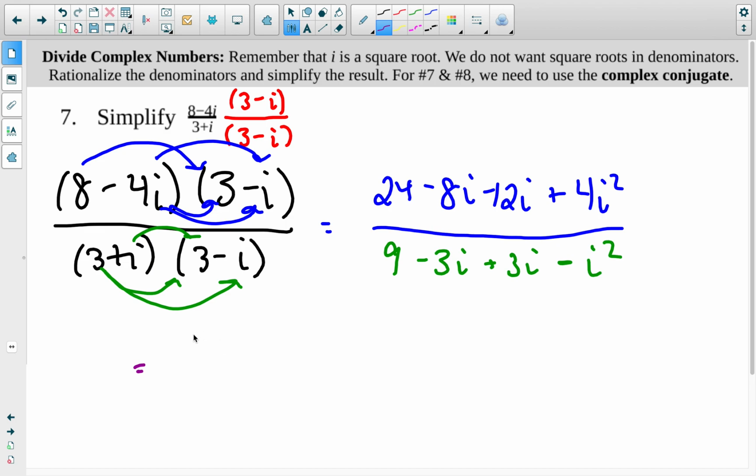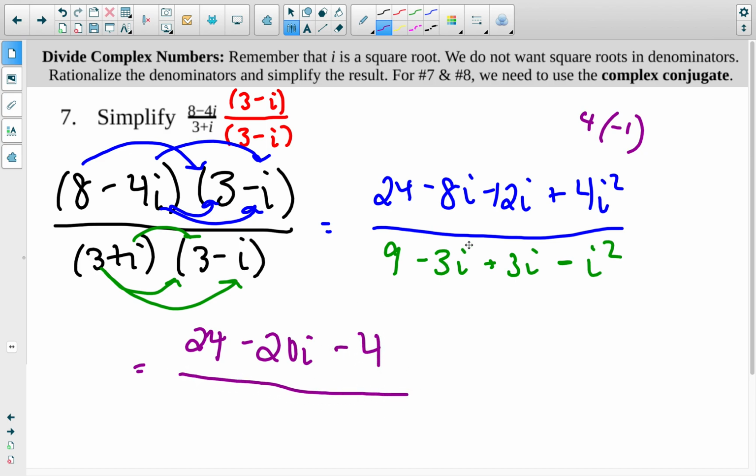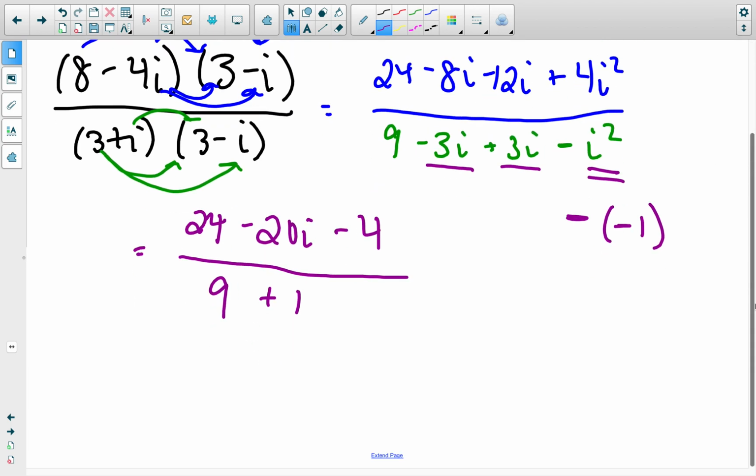The numerator turns into 24 minus 20i plus, and this 4i squared is really like 4 times negative 1, so it's going to become negative 4. And then we're dividing by 9, and then these 3i's are going to cancel each other out, right? Minus 3i plus 3i. So we're left with this minus i squared, which is really like minus negative 1. So our denominator turns into 9 plus 1.